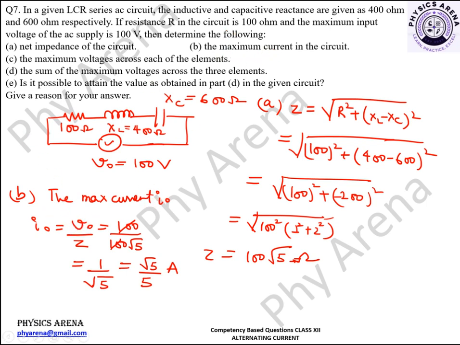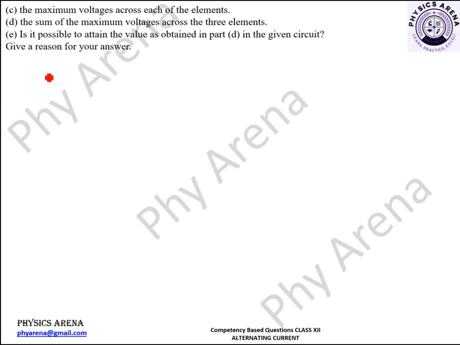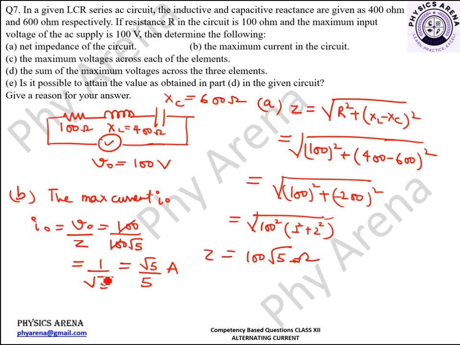And in part C, we need to find the maximum voltages across each of the elements. The maximum voltage across the resistor, VR max, will be I naught multiplied by R. The I naught value we obtained in part B was 1 upon under root 5 ampere.